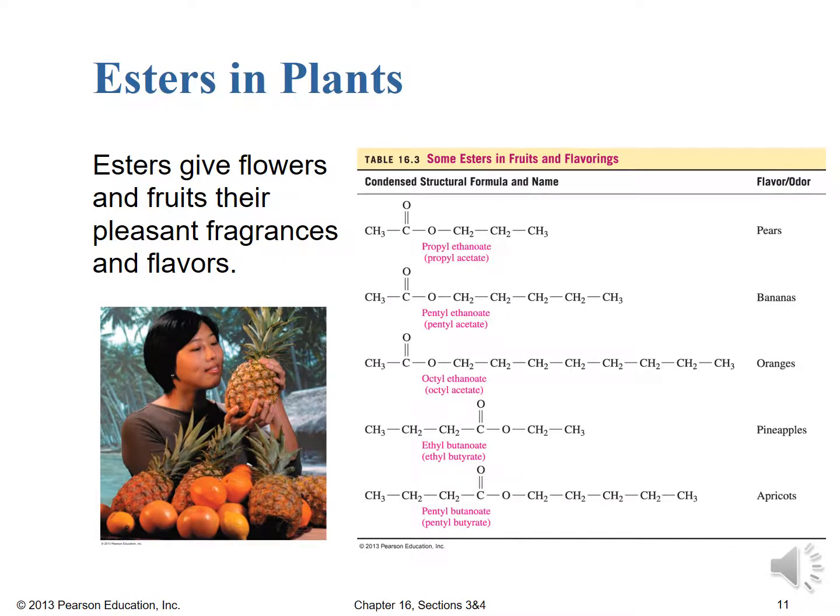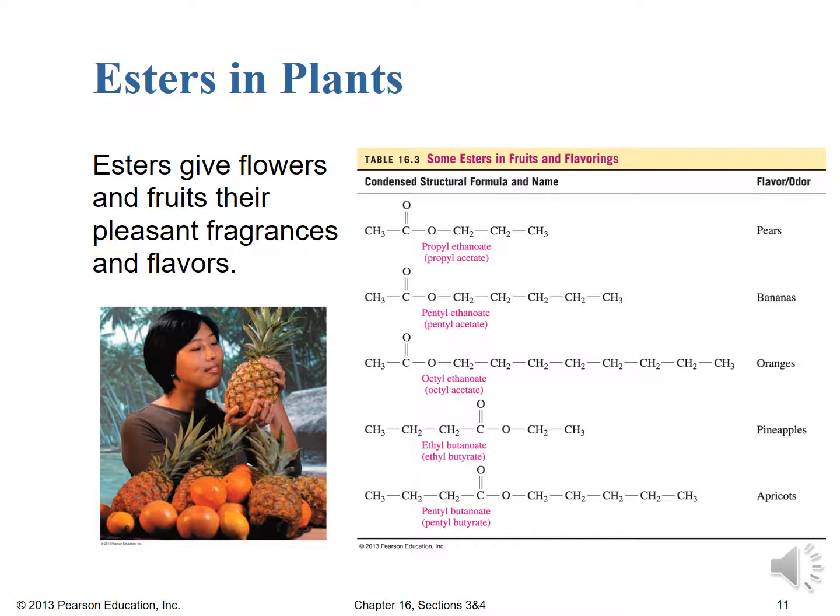We mentioned previously in this lecture that esters give flowers and fruits those pleasant flavors and fragrances. Here are some specific esters from fruits and flavorings in table 16.3. Propyl ethanoate or propyl acetate, depending on which naming scheme you prefer. Again, I'm a proponent of IUPAC, so that's why we have the common name in parentheses, and that's the flavor and odor of pears.